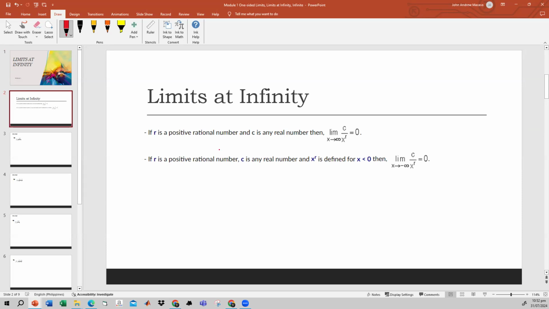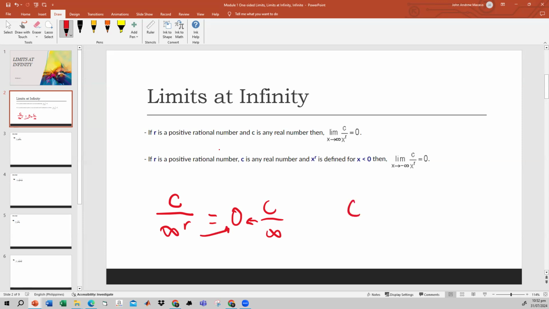In simpler explanation, class, every time that you encounter c over infinity that is being raised to r, this will always lead to 0. Same goes with a constant over infinity, so this will lead to 0 as well. I hope you get it.